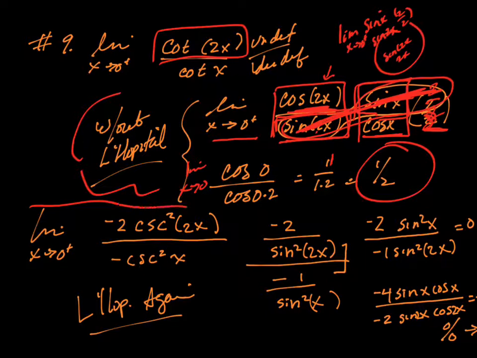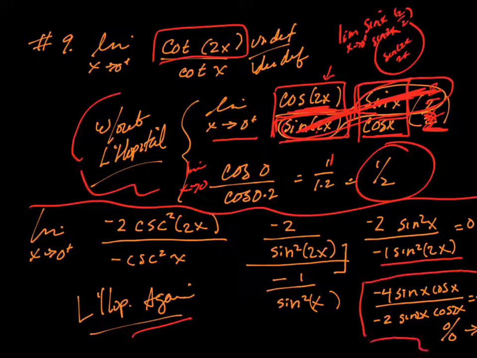Now, if you didn't do it that way, and you said, I'm going to use L'Hopital's, the derivative of cotangent 2x is negative 2 cosecant squared 2x over negative cosecant squared x. And that just gives you a more complicated problem. So you apply L'Hopital's again. Here's me applying L'Hopital again.